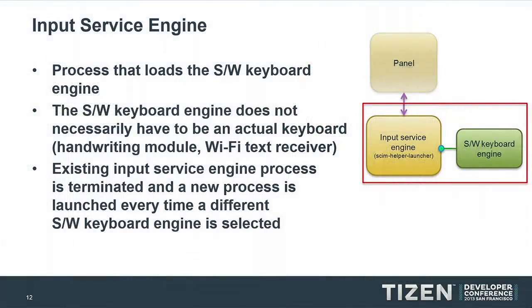We're going to have a look at the life cycle of the software keyboard engine after we finish this per process view. And as I have mentioned, the software keyboard engine does not necessarily have to be an actual keyboard. It could be a handwriting module or a Wi-Fi text receiver or anything else. It just works as a text input source.